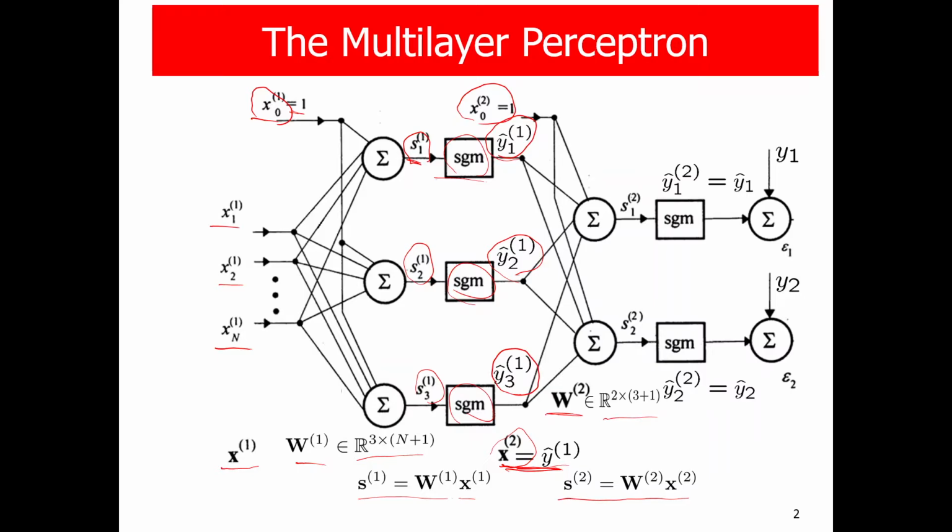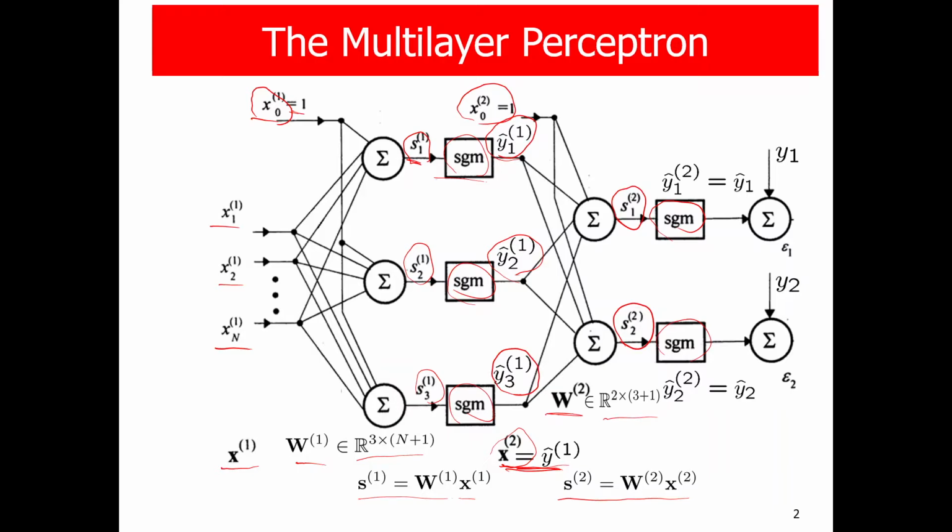The components of S2 are denoted by S2,1 and S2,2. After we calculate S2, these quantities again go through the nonlinear activation functions, SGM, and then they produce the outputs of the neural network.